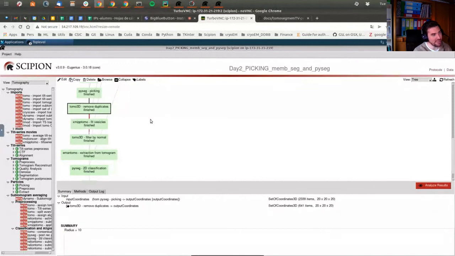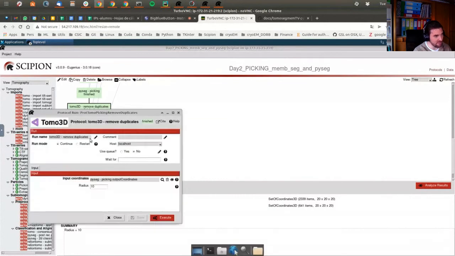It is very easy to fill and run. We only have to select the coordinates that we have obtained in the picking protocol. We have considered here a radius of 10, in this case in pixels.